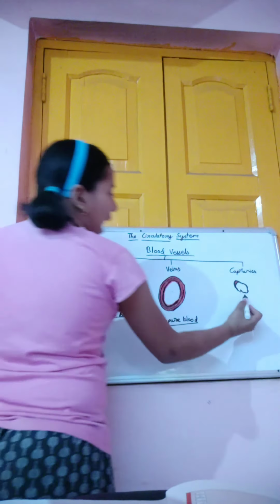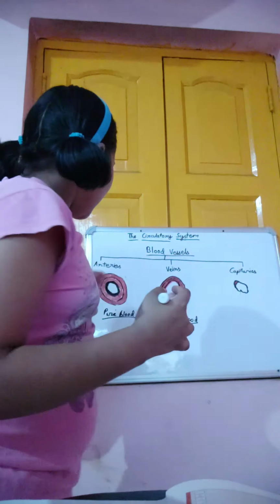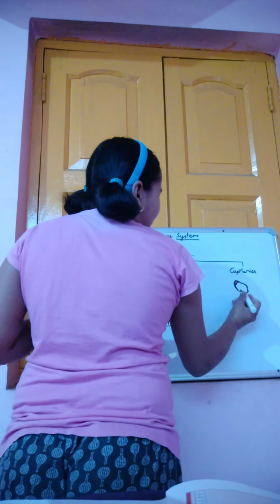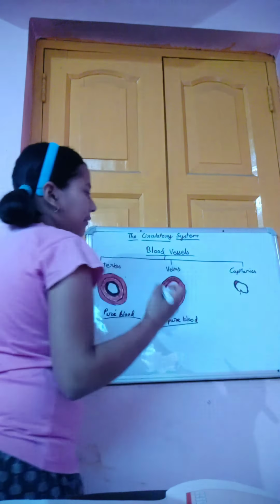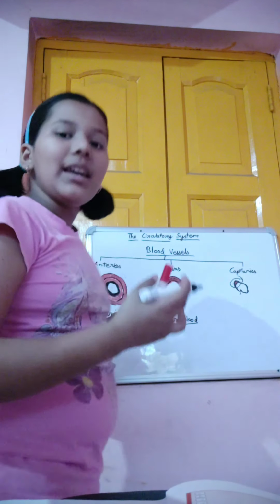So, we have capillaries. These arteries branch into very fine tubes and form capillaries. These capillaries are very thin, only one cell thick, as you can see here. After they have given all the nutrients and all the oxygen, they join together and then form veins. So, this is all about the blood vessels.